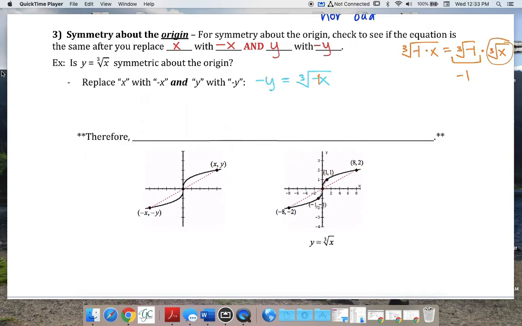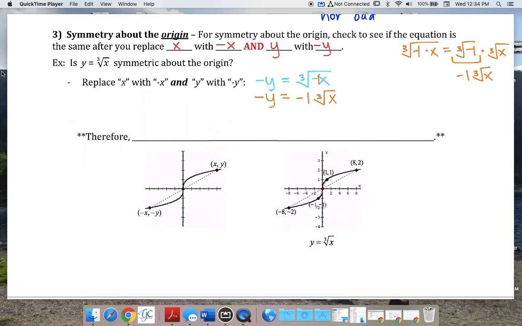But the cube root of x, since that x just has an exponent of 1 on it, there's not any simplifying we can do there. So that's just going to stay the cube root of x. So we were able to simplify the cube root of negative x to be negative 1 times the cube root of x is equal to negative y.